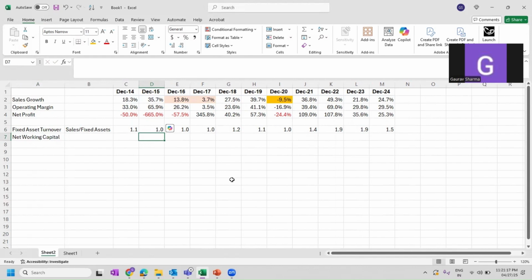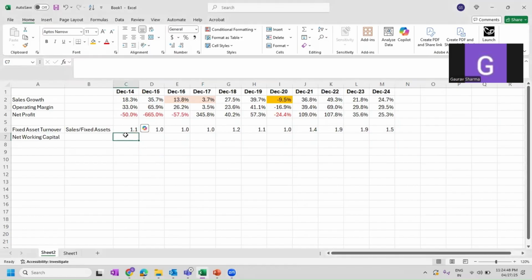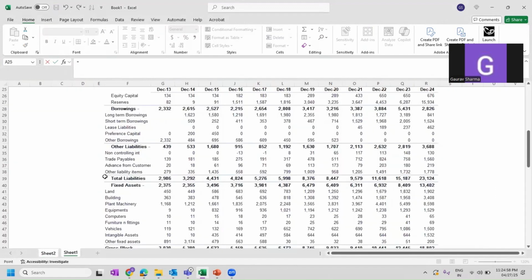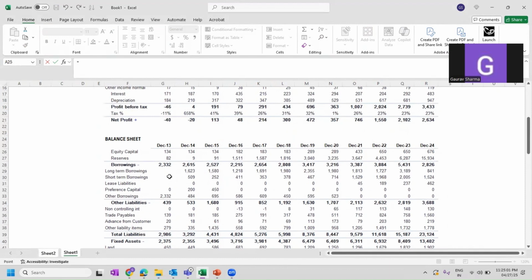So you don't consider cash or cash equivalents in net working capital. All right. So net working capital is simply current assets divided by current liabilities. So let's see if we have current assets in our balance sheet laid out properly.